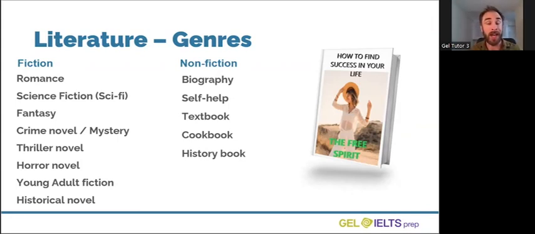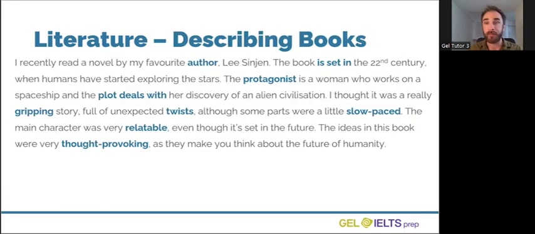Now let's talk about language we can use to describe books we have read. Here we can see that I have written a review of a book that I read. Let's read my review. I recently read a novel by my favorite author, Lee Sin-jin. The book is set in the 22nd century, when humans have started exploring the stars.